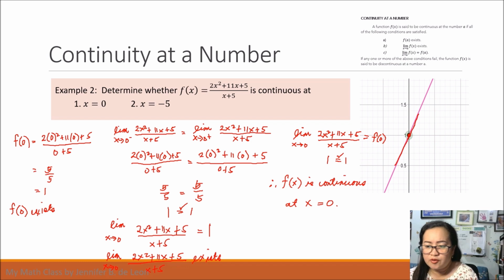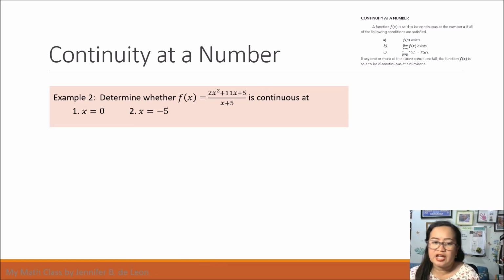Now, let's try whether the function is continuous at x equals -5. We again use the three-step method. We evaluate the given function at x equal to -5.